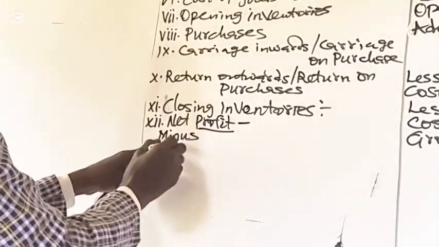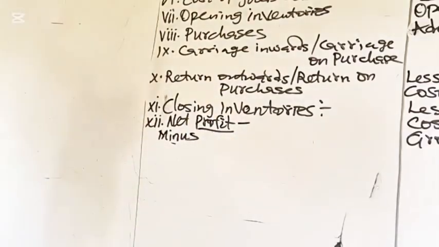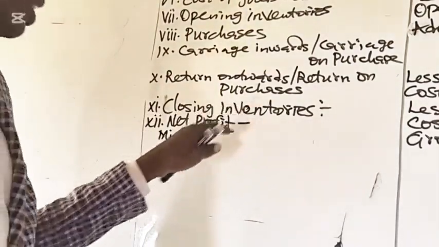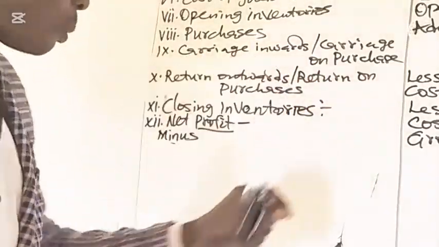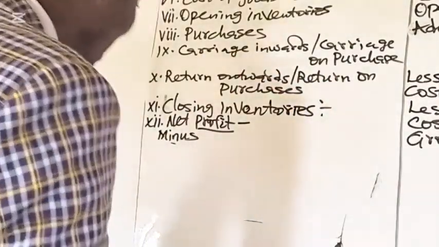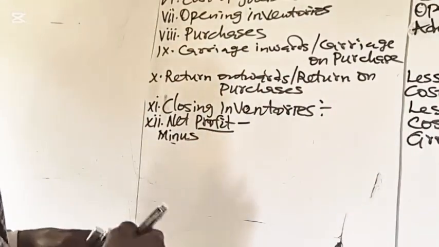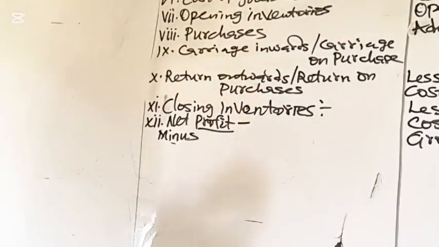If you subtract the profit after the deduction of all operating expenses, we refer to that profit as the net profit. Net profit is the total income or your gross profit less operating expenses. The gross profit less operating expenses will give us the net profit.